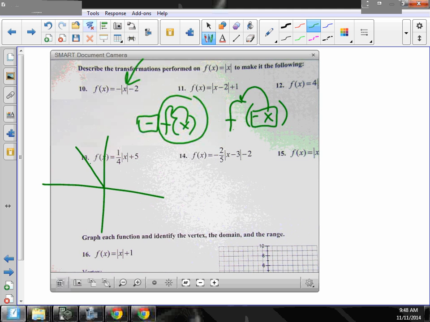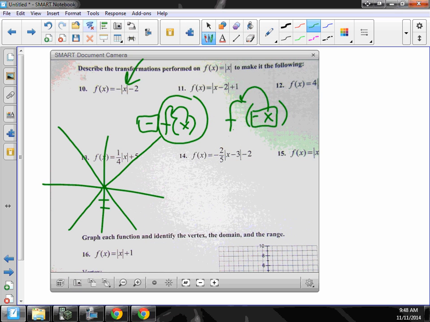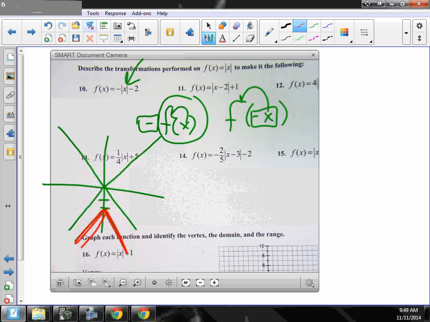And I want to show you something. Let's take the original absolute value. Let's flip it across the x-axis. And then let's bring it down 2. Okay? So this would be my end result. Does it change things if I do them out of order?